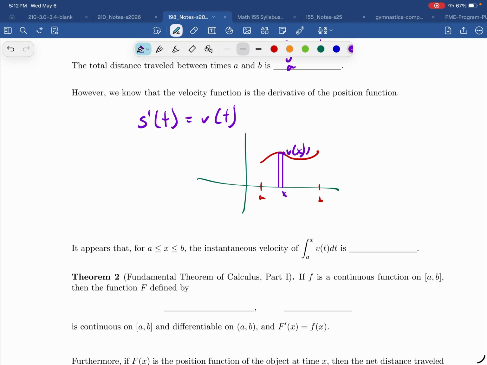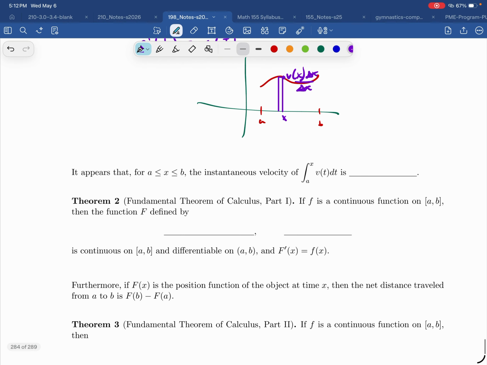And really, it's v of x delta x, but it winds up being divided by delta x, so they cancel out. So the upshot of all this is that the instantaneous velocity of this function equals v of x.